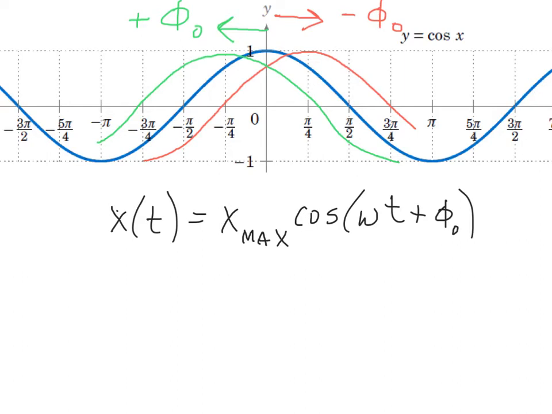Because if you know that and you know what the amplitude is, as I can see here from any of my graphs, then I can put those values into the equation for the position and see what the phase constant comes out to be. So if I use, for example, either the red or the green graph, those are two possible graphs that you could have for an oscillator, and either one, you notice at time equals 0, I'll put a little mark here, that's the position that it's at.